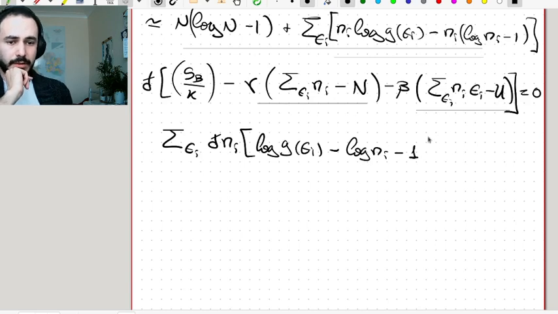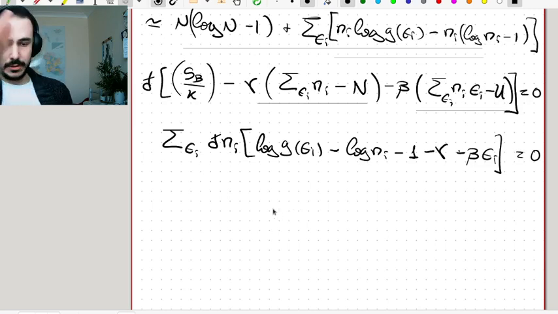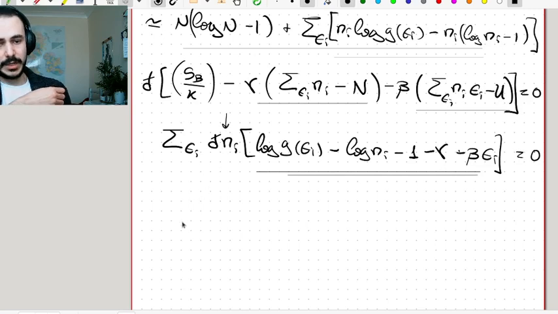Then from this term here we get a minus gamma times dn, which is outside, and here we have a minus beta ei dn, which is outside. This whole thing has to be equal to 0. If we want the whole thing to be equal to 0, then this bracket has to be equal to 0, because this dn is arbitrary.